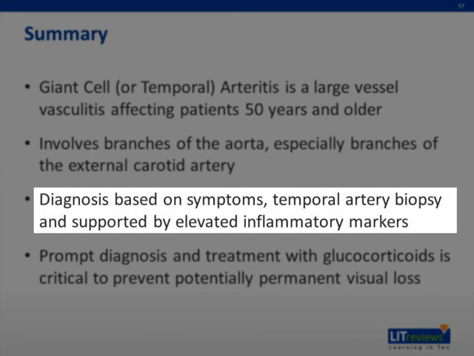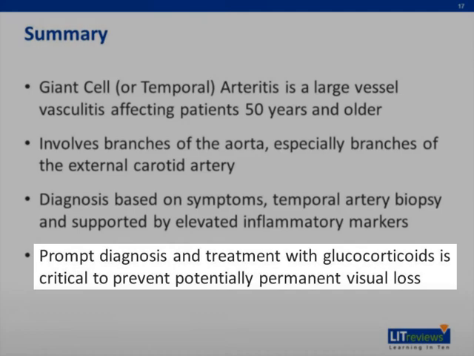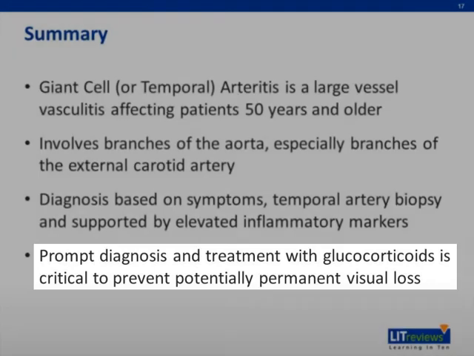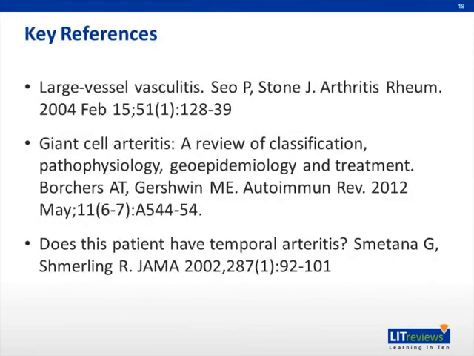Diagnosis is based on clinical features, elevated inflammatory markers, and the results of temporal artery biopsy, which is the gold standard for diagnosis. Normal inflammatory markers makes GCA much less likely, and alternative diagnoses should be considered. Prompt diagnosis and treatment with glucocorticoids, even before biopsy results return, is critical to prevent potentially permanent visual loss.